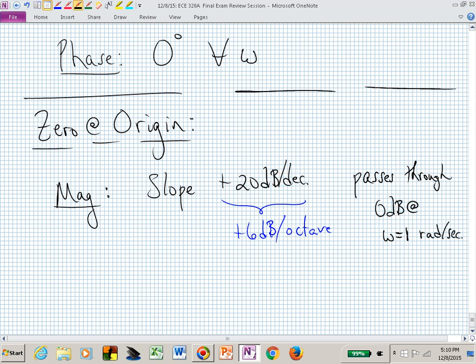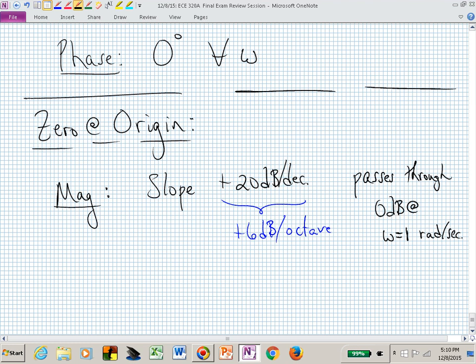At omega equal, if you looked at 20 log of omega, that's what this 0 is representing, 20 log of omega, and we're plotting with respect to log of omega, so it's changing 20 dB for every decade, but when omega is equal to 1, log of 1 is 0, it's passing through 0 dB at omega equal to 1.